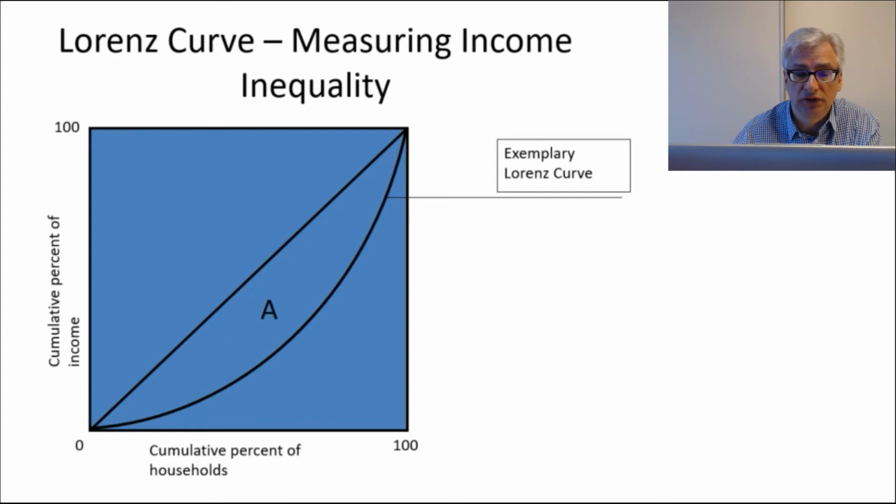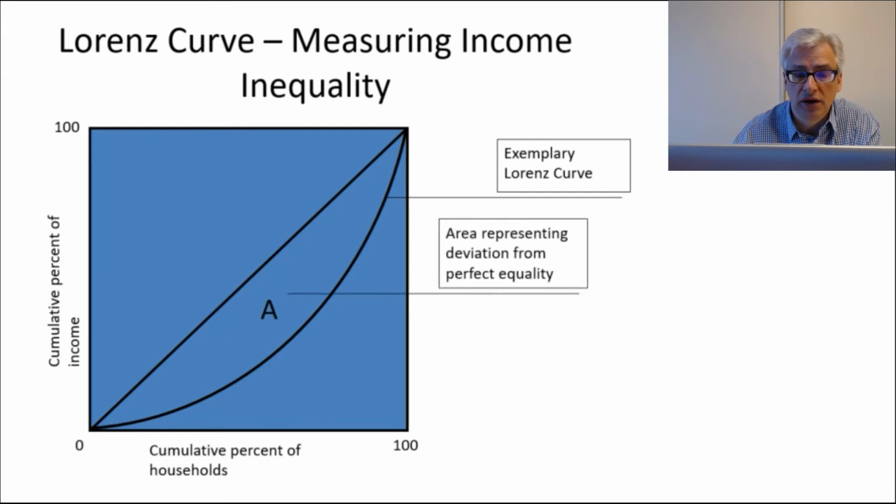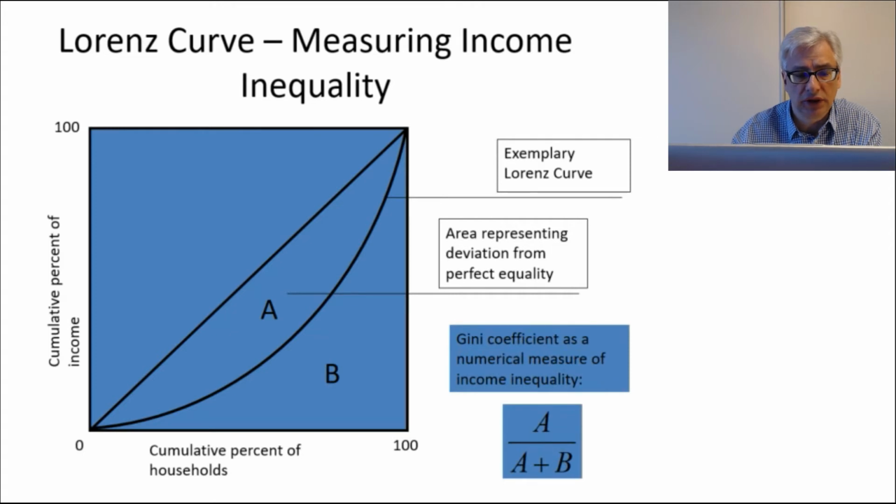Have a look. This is A, our area of deviation from perfect equality, and this is B, the rest of this triangle that you could see here. So this triangle is actually divided into A and B areas, and the Gini coefficient is about the relation between A and A plus B, the whole triangle that you have here.